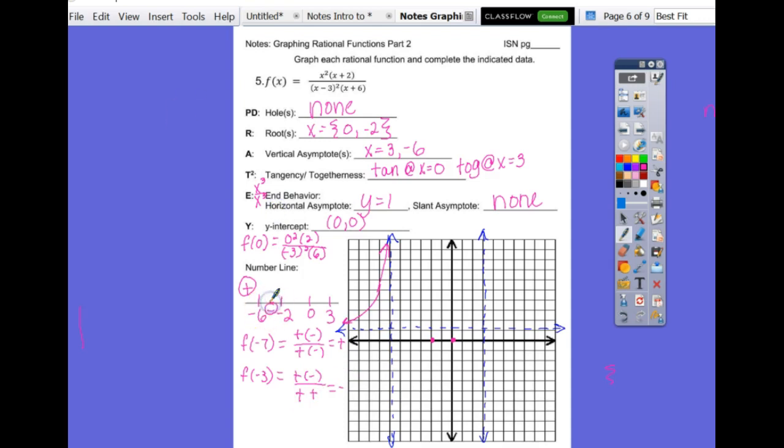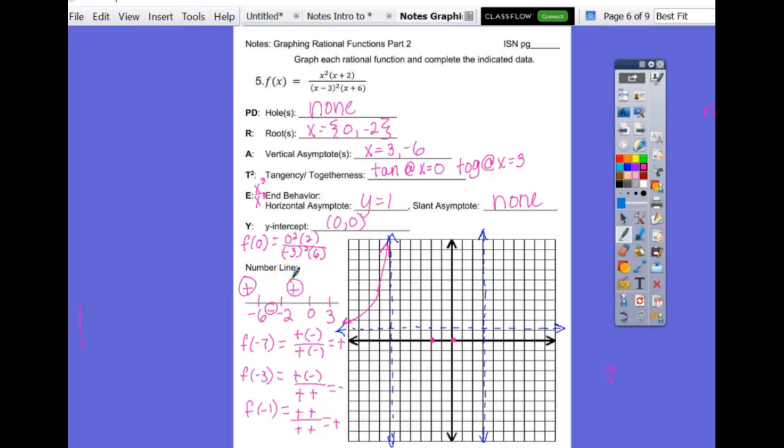So here I get negative. When I test between -2 and 0, if I test -1, I get positive, and then I get positive. -1 minus 3 is going to give me negative, but squared is positive, and then -1 plus 6 is positive. So this gives me positive.